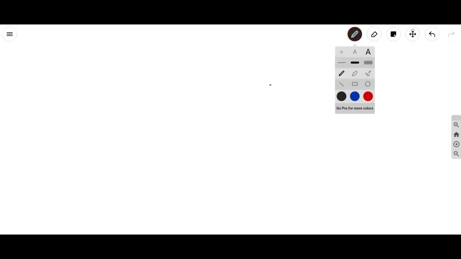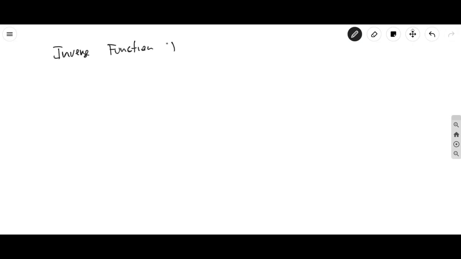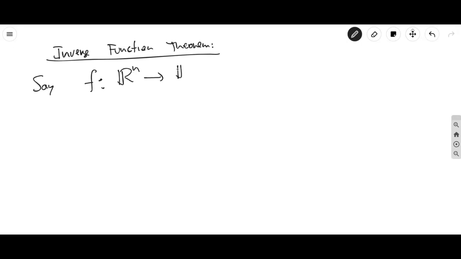I do not think we're going to use it at all in this class, but it's something nice to know. So say f is a function from R^n to R^n, from the same dimension to itself. Let's just say it's a smooth mapping.